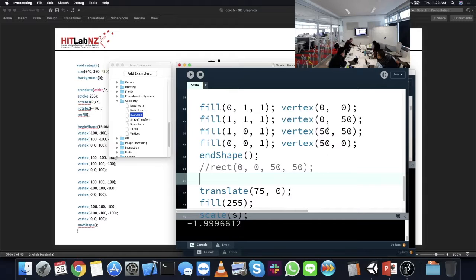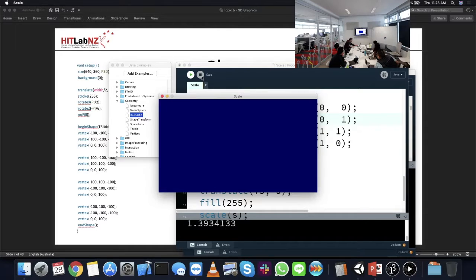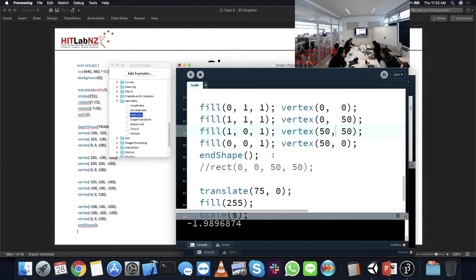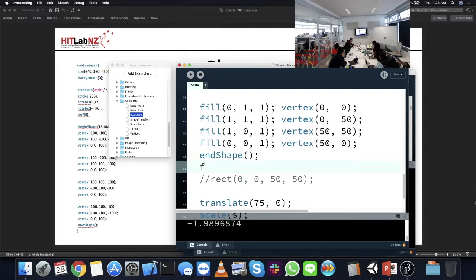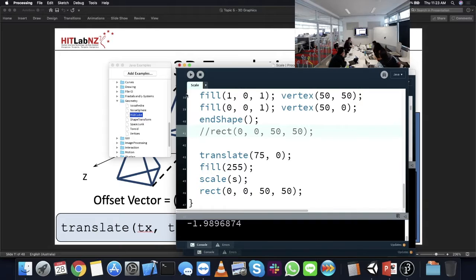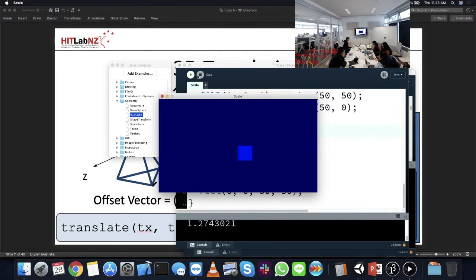I think it's way too big by the looks of it. Okay, so that didn't work, which is unfortunate.